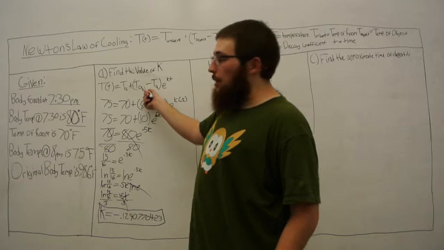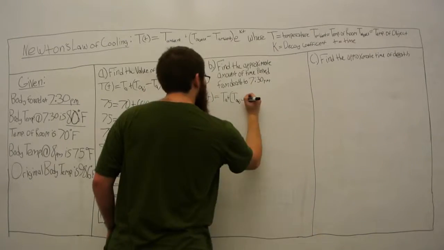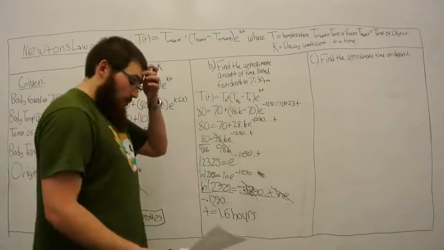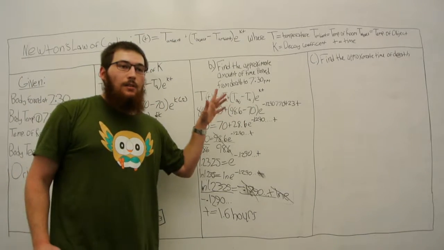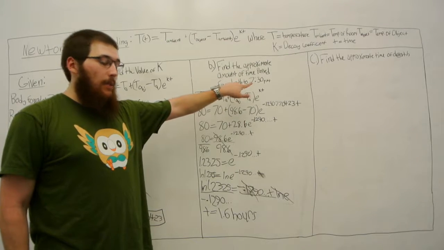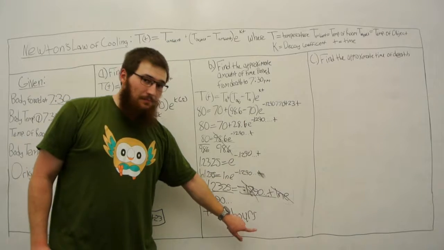The temperature of the object will also be 98.6 degrees Fahrenheit. So, our approximate time passed from death to 7:30 p.m. is around 1.6 hours.